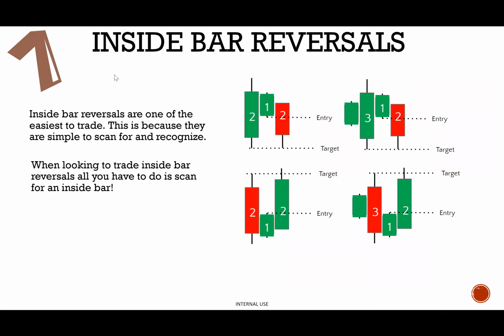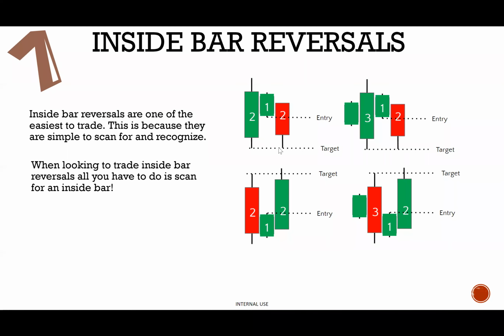So right here, now we're going to talk about inside bar reversals. I brought this slide up in the last class just to get people to understand the entries versus the targets. This slide does not provide any stop losses, but just remember, your stop loss will be right here.